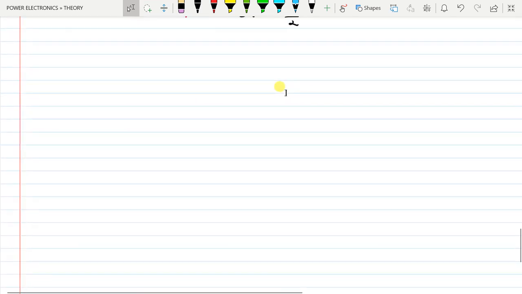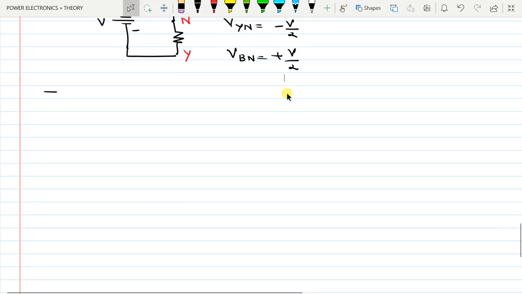So based on the above analysis, now we can make the voltage value table.